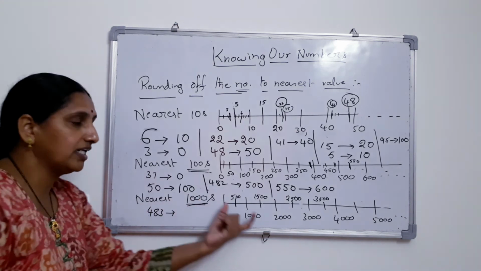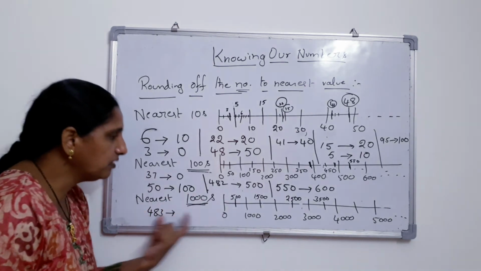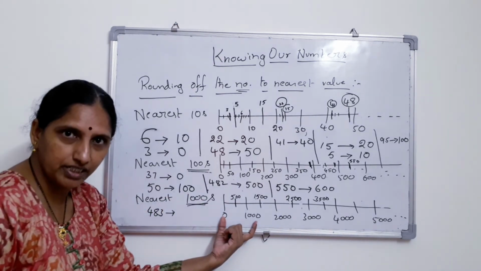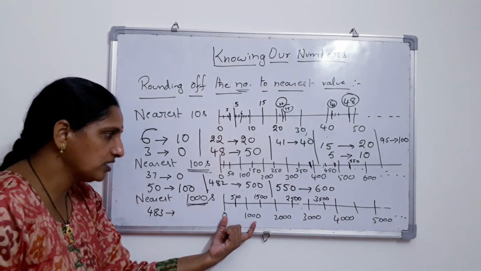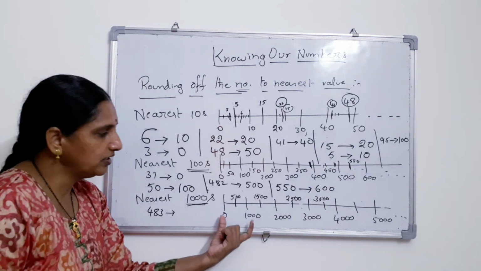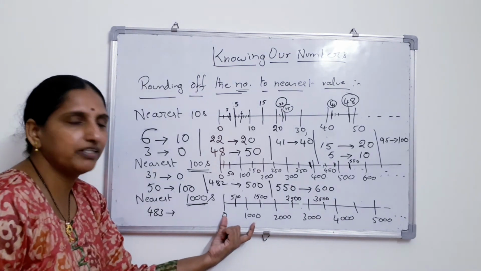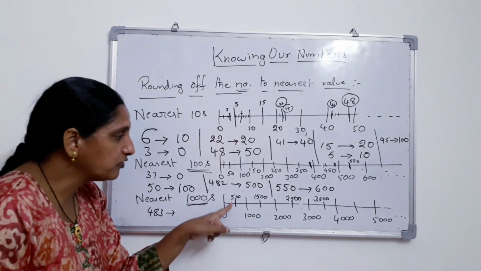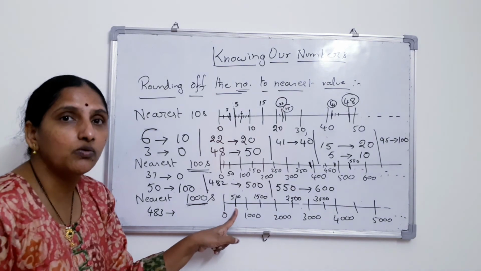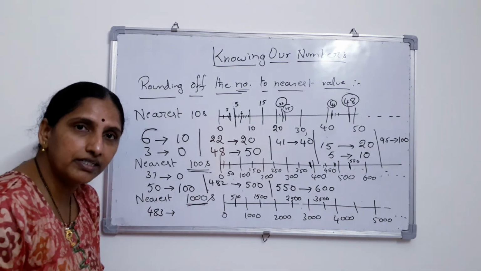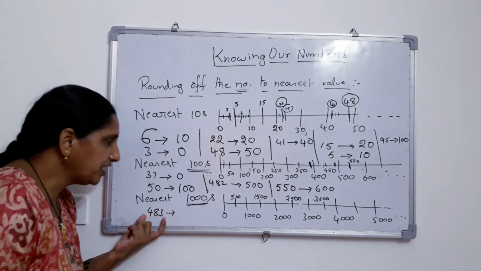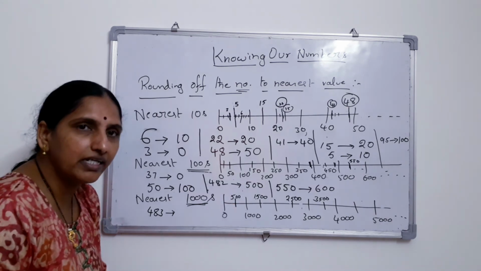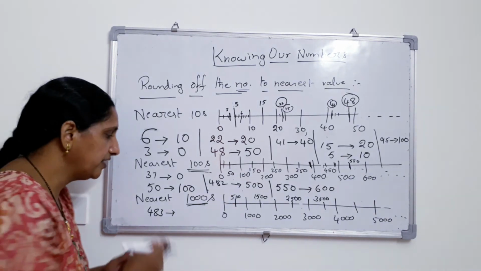Where it falls, that is what you have to see. Now this number falls between 0 and 1,000. It is not greater than 1,000. It is not less than 0. So it is somewhere between these two. To find where, you have to compare with the mid value. What is the mid value here? 500. Is 483 less than 500 or greater than 500? Less than 500.